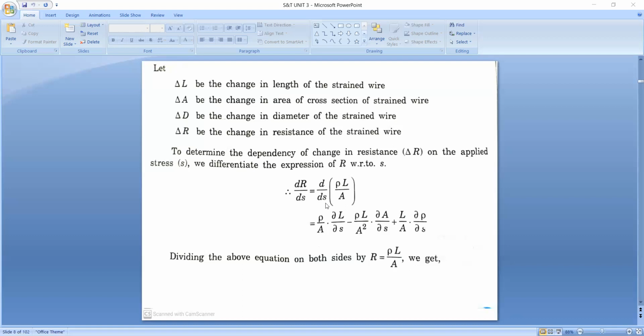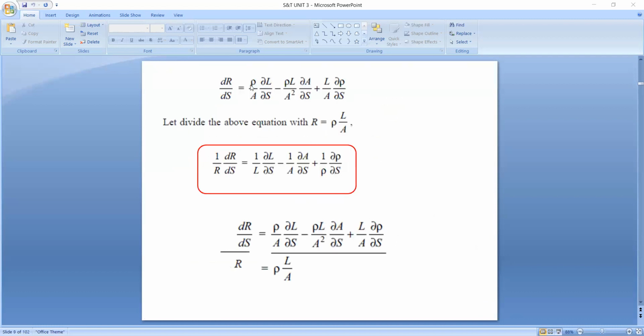So d by dA of 1 by A, after differentiation, is minus 1 by A square dou A by dou S, plus, taking L and A as constant, differentiate with respect to rho, so it is dou rho by dou S. Now divide the equation on both sides by R is equal to rho L by A.